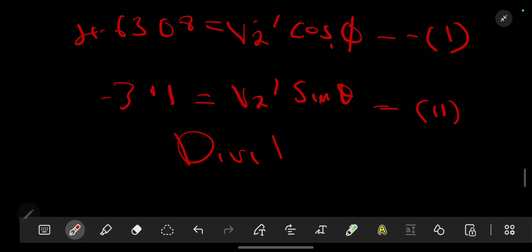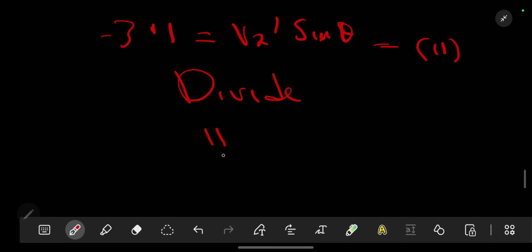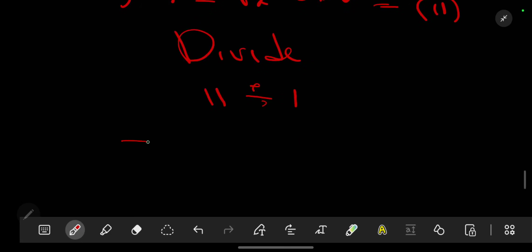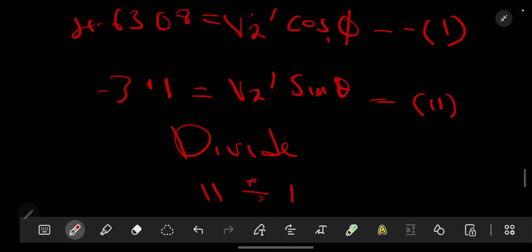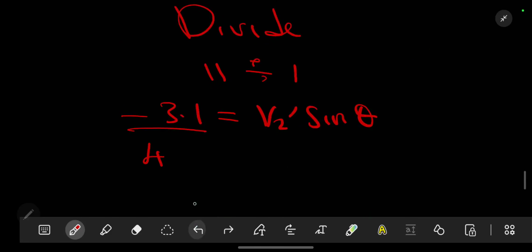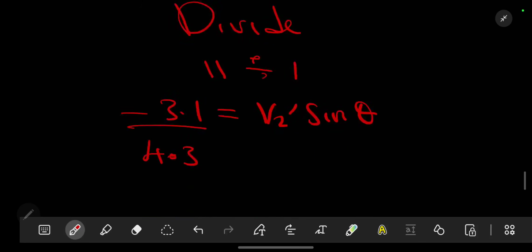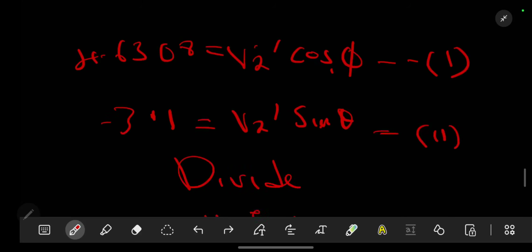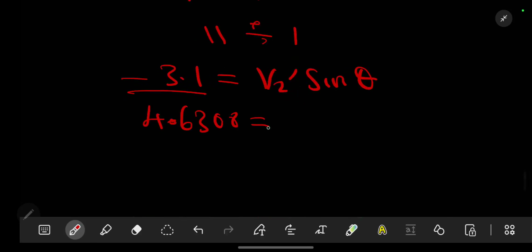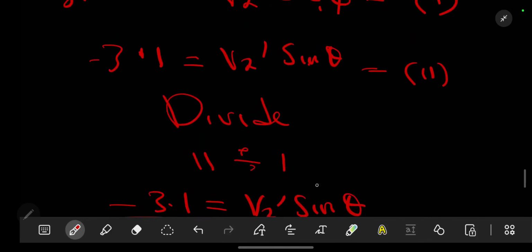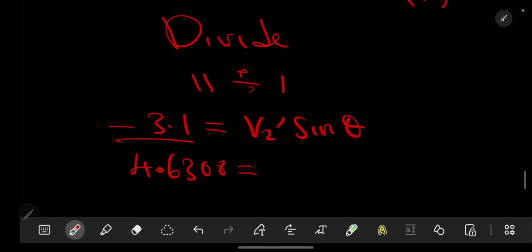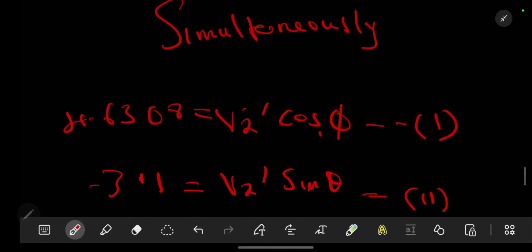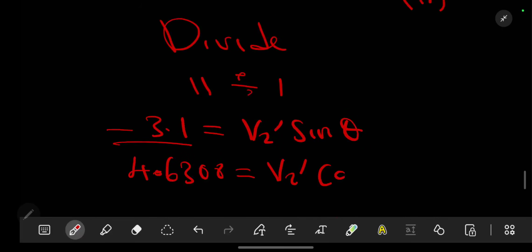So you are going to divide equation 2 by equation 1, which will be negative 3.1 should be equal to V2 cap sine of theta divided by our equation 1, which is 4.6308, equal to V2 cap, this one having the cos of this angle.